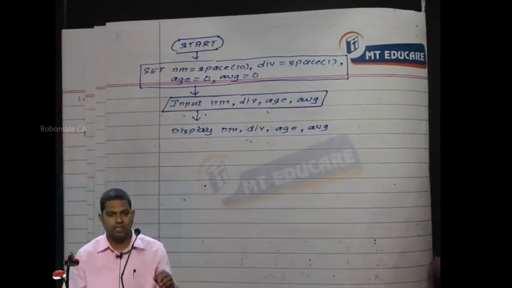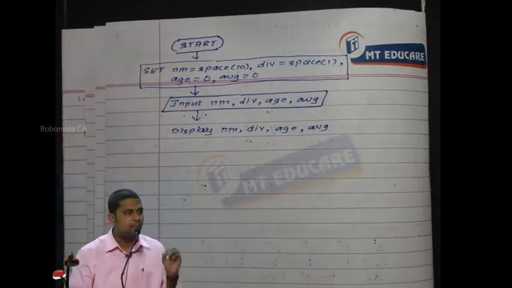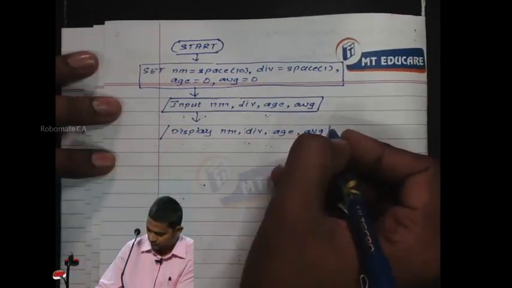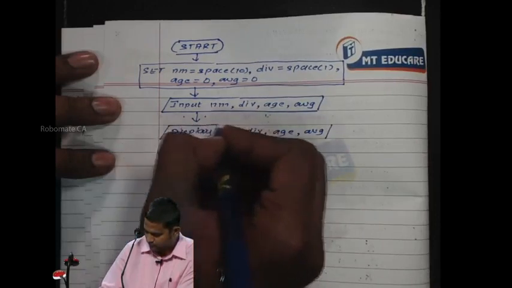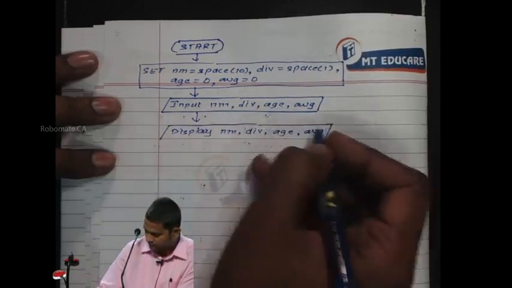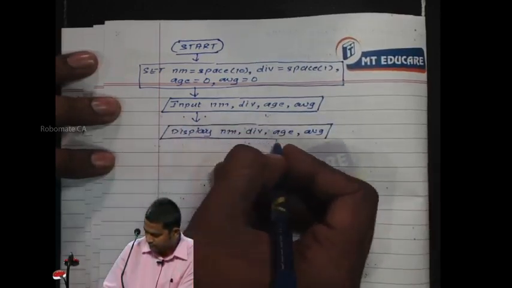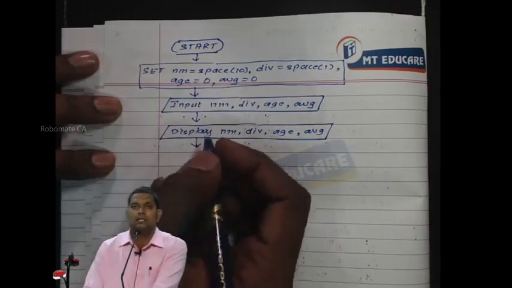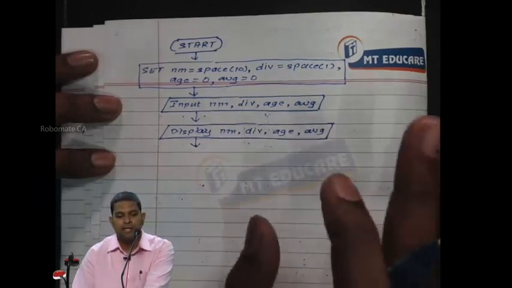Now, display is the output. Whatever box is there for the input, that is the parallelogram. The same box you have to put for output. Okay, this is task completed.